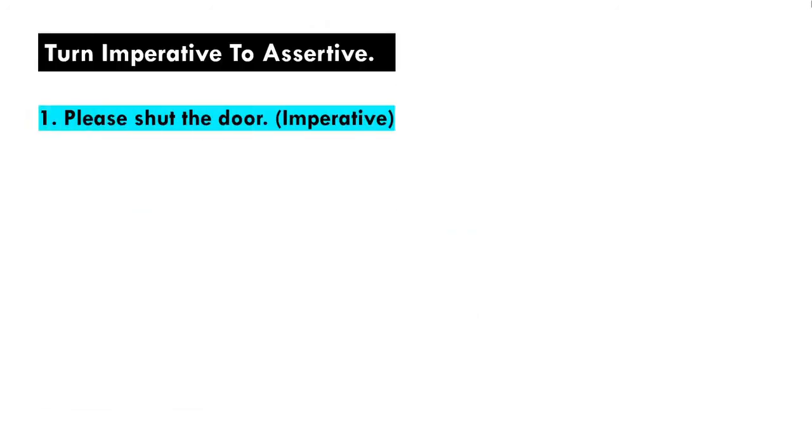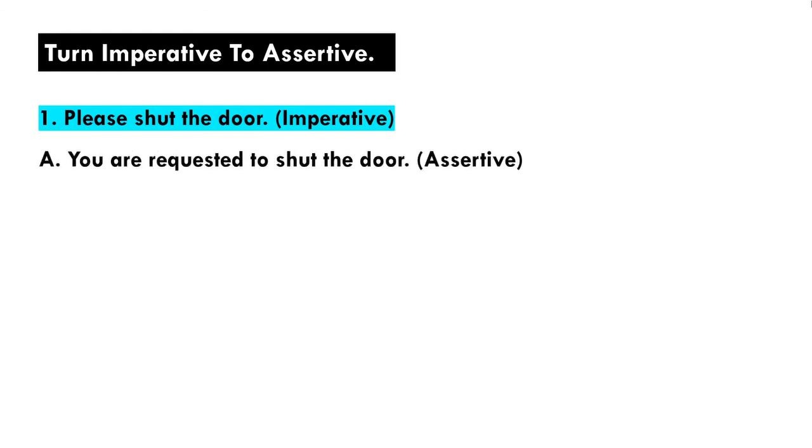Now let's see how we can convert imperative to assertive. "Please shut the door." This is an imperative sentence. Like we had seen, when "please" is given, we have to use "you are requested". So we will say "You are requested to shut the door." "Please shut the door" becomes "You are requested to shut the door."